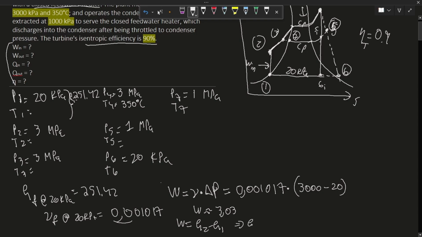So h2 equals 3.03 plus 251.42. Adding those numbers, you get h2 to be about 254.45. So over here, we're going to write h2 equals 254.45.